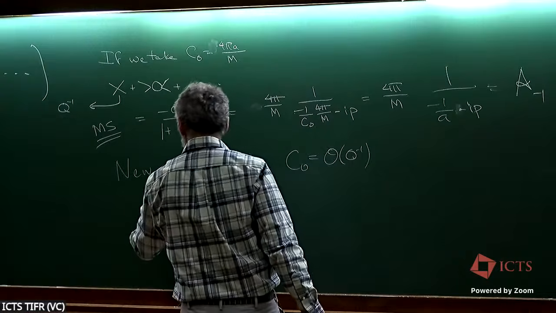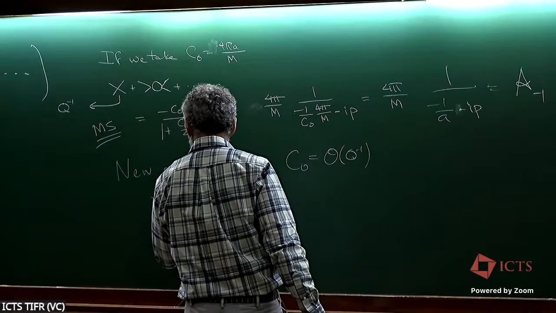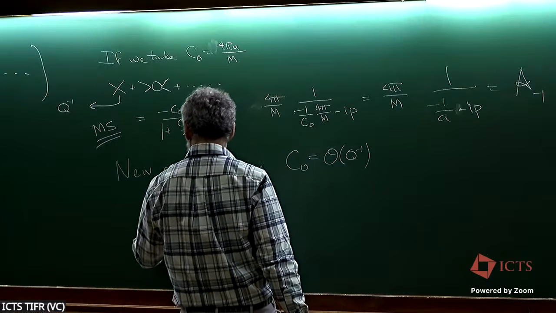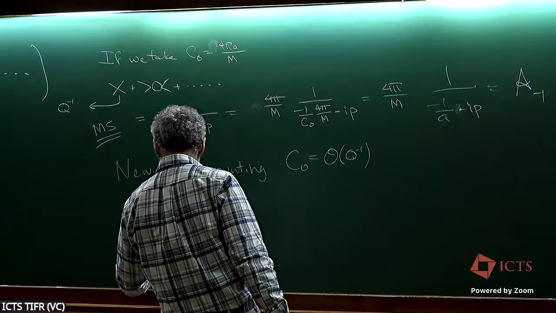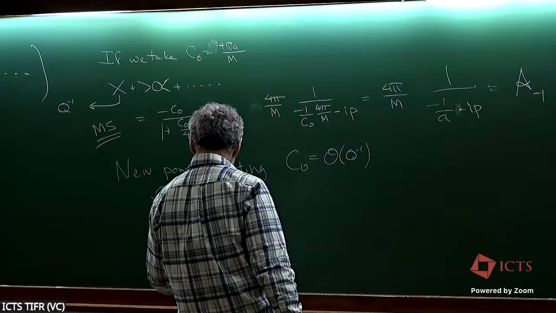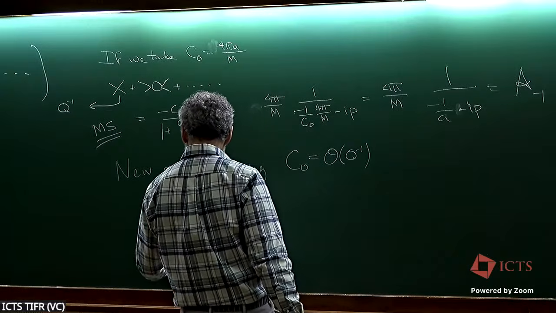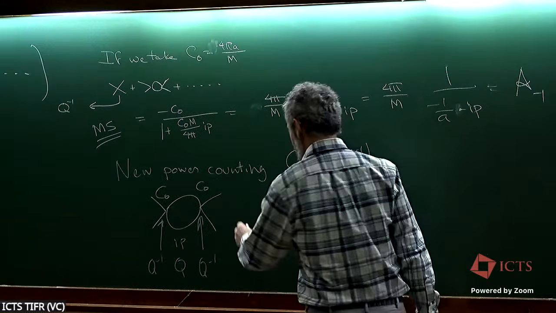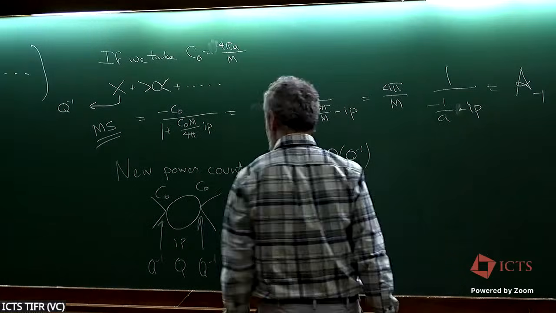This diagram here has two C naughts and a bubble, and this goes like Q to the minus 1, and this goes like Q to the minus 1, and the bubble gives us an IP, which is order Q. And so this is also Q to the minus 1.